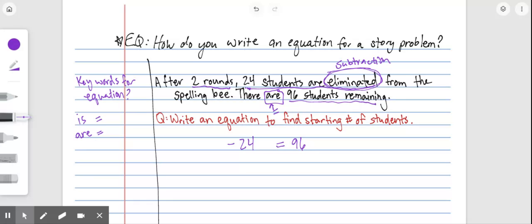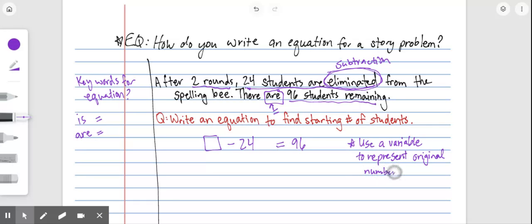I don't know the original number of students, so I'm going to put this little box here for now. So I need to use a variable. Okay, and I'm going to use the variable to represent the original number of students.